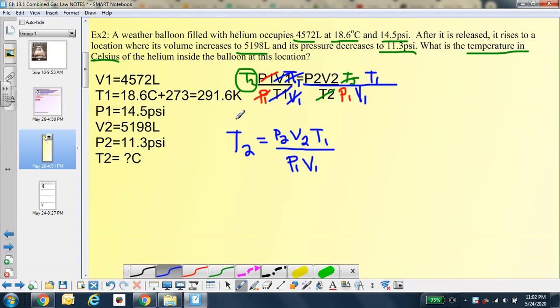Okay, so T2, that's my unknown variable that I need to solve for. I've got all of the known variables on the other side of the equation, and now we're ready to substitute the information in for those known variables.